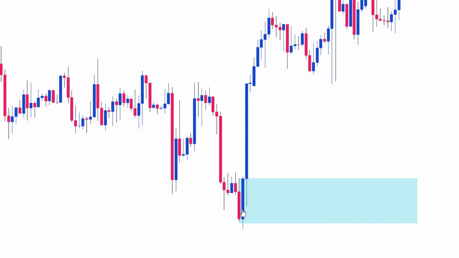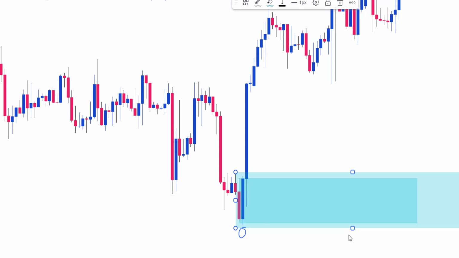This last red candle, now I made a video some time back explaining how the wick matters. We use the last candle that has the longest wick. Now if you're trading supply and demand, you're going to mark this entire area and majorly focus on this blue candle.